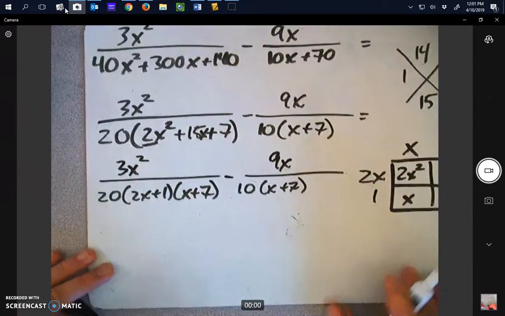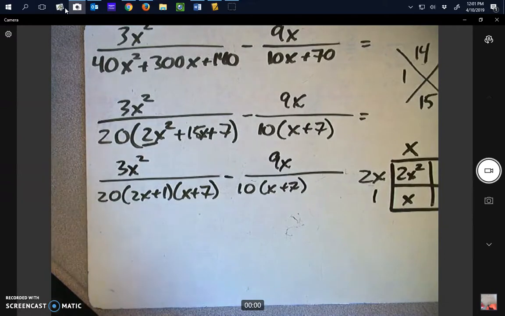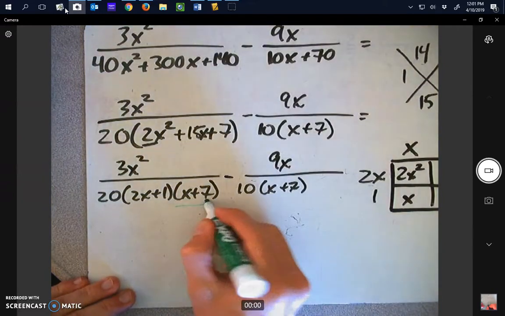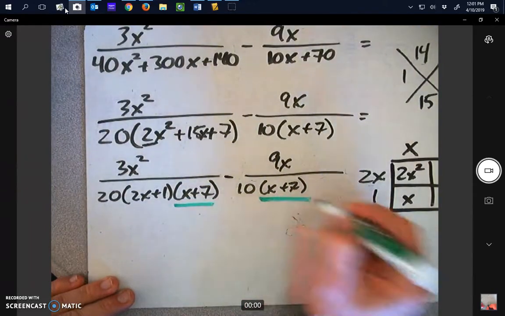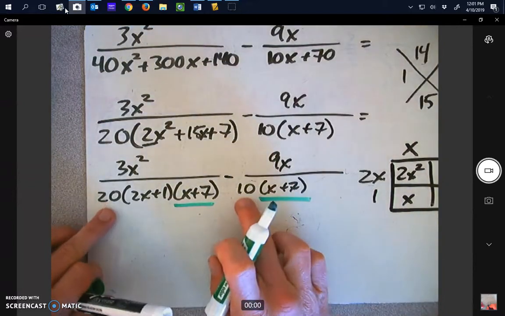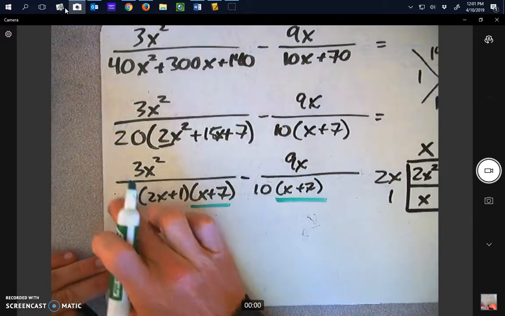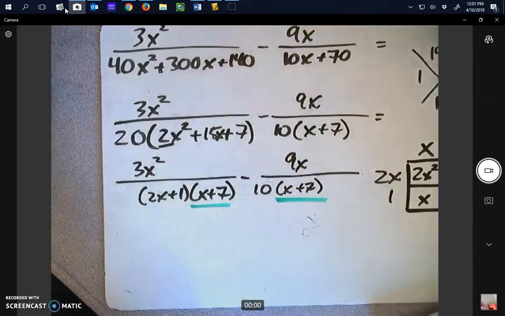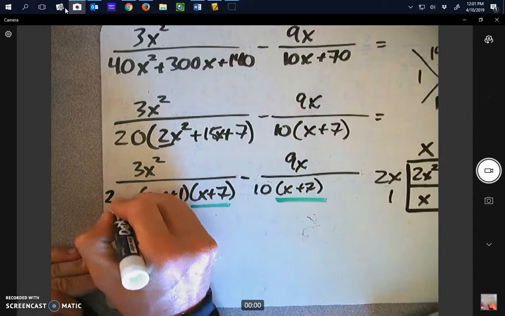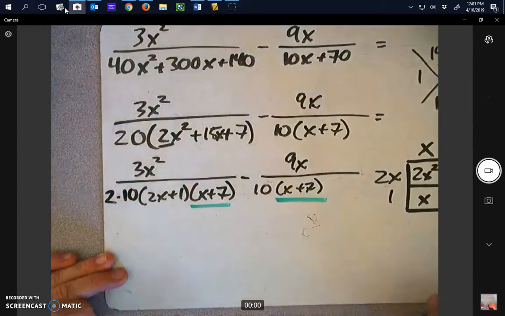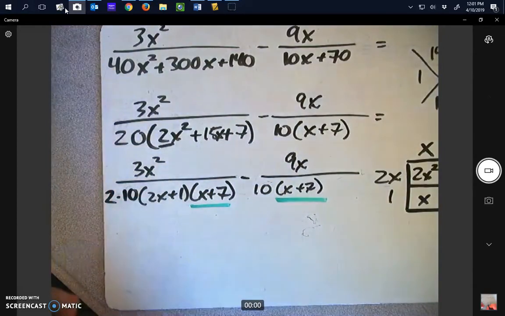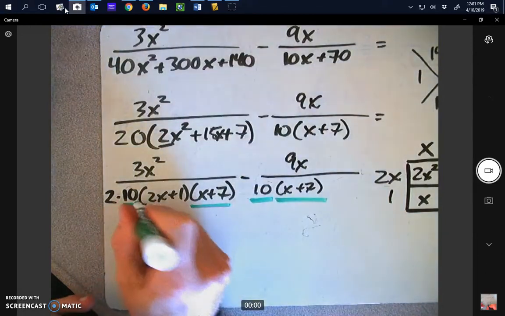All right, so now we're looking at our denominators. We can see what we have similar and what is different. That's similar right here. This is similar right here. Our 20 and 10 are different. So if you want to, you could have rewritten 20 as 2 times 10. All right, so now you can see that we actually have a 10 over here, but what we don't have is a 2.